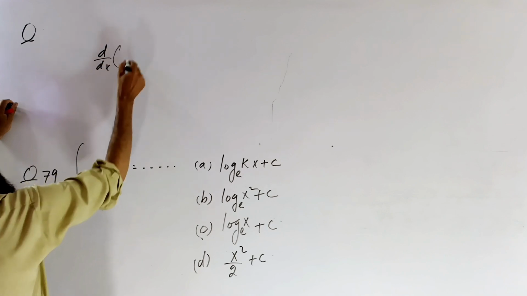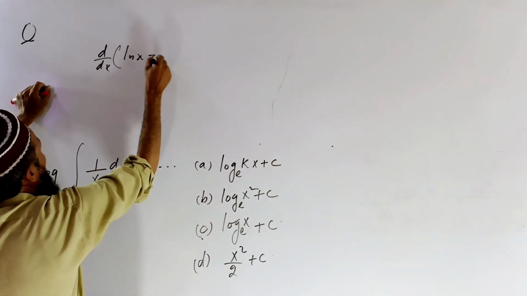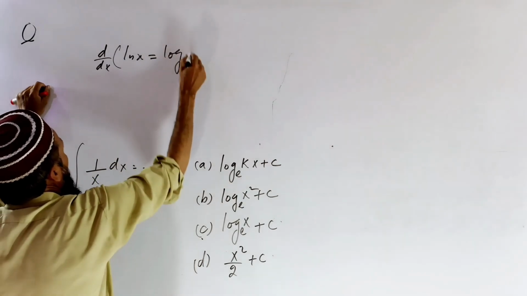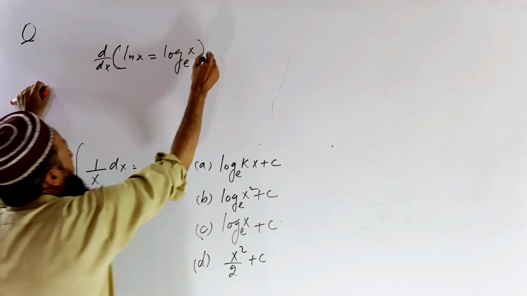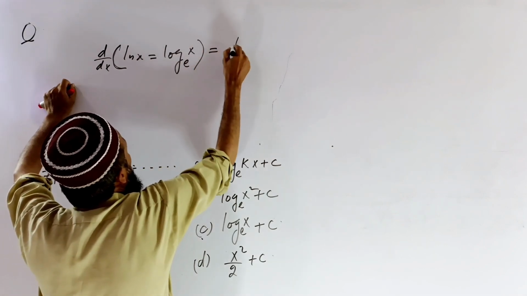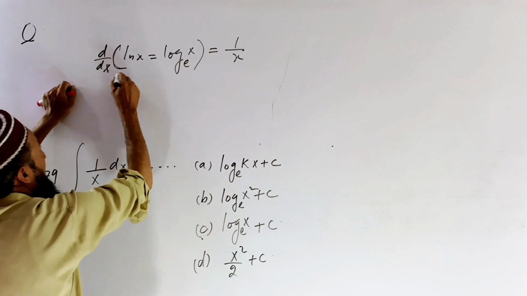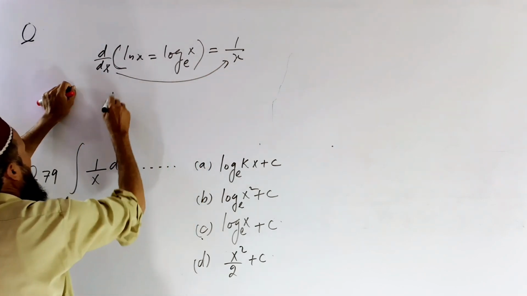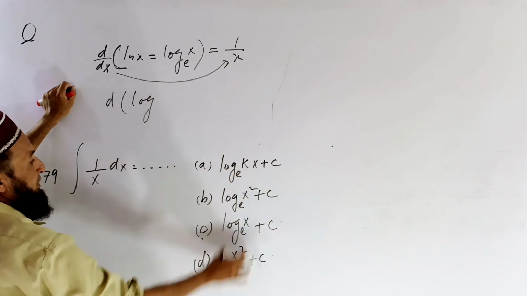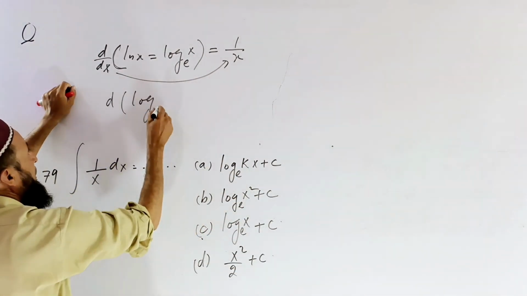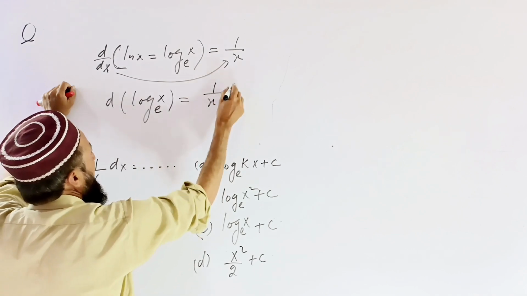The derivative of log of x is also equal to the derivative of log of ex. Both are equal, so their derivative is equal to 1 over x. If we bring dx here, so the derivative of log of x, according to the question, the option is given: 1 over x dx.